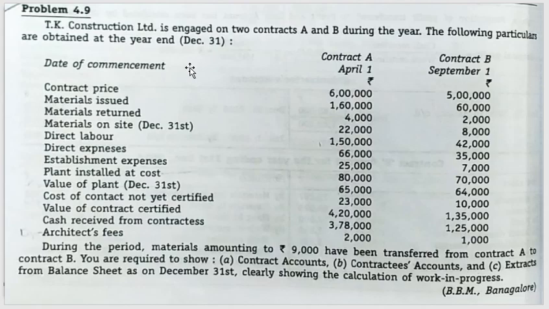So how are you going to show your depreciation amount: your opening value of the plant is 80,000, and your closing value of plant is 65,000. So the value of the plant is reduced from 80 to 65. The difference you get is 15,000. So why is the plant value reduced? Because depreciation has been charged.